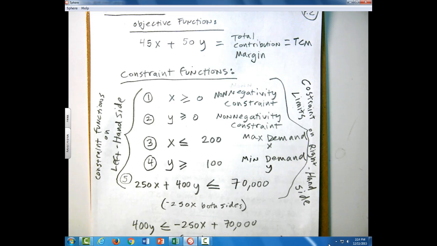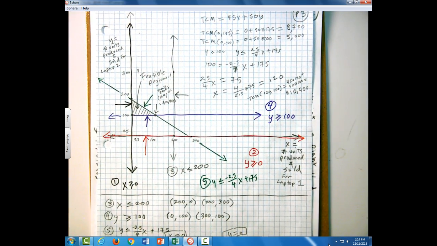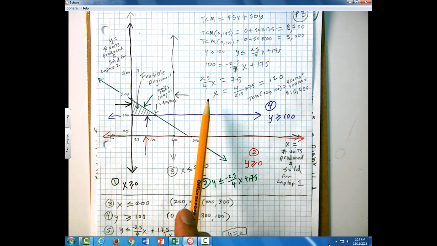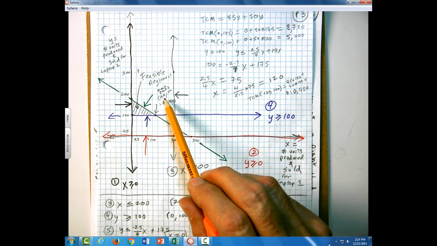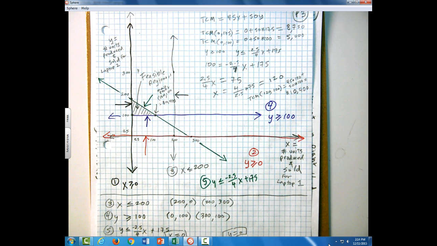And then finally, over in Excel, we will not have to do the graphing part and then finding the vertices and plugging them in to figure out which one is the maximum or minimum. We will click the solve button and it will do all of this for us and tell us exactly that coordinates 120 and 100 will yield the maximum profits.